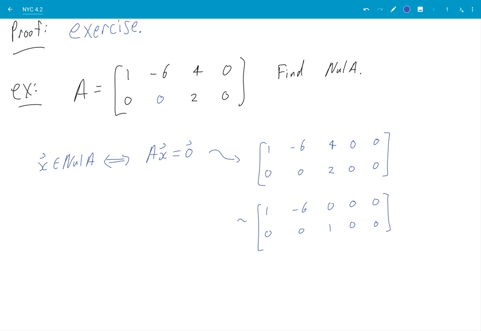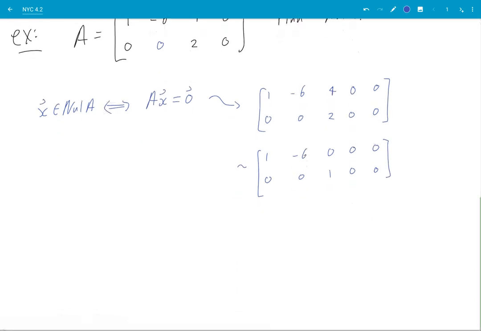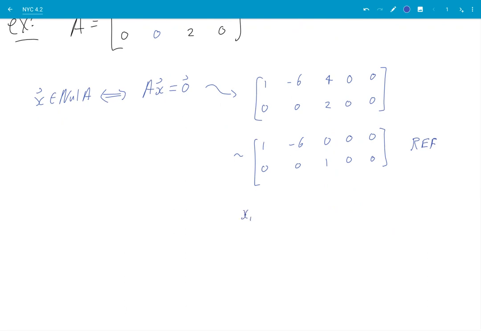I'm skipping some steps here, but what it is now, I have REF. Very important. You need REF before you complete your solution here. So where are we? Convert back to equations. X1 minus 6x2 is 0. X3 is 0. X4 is free.